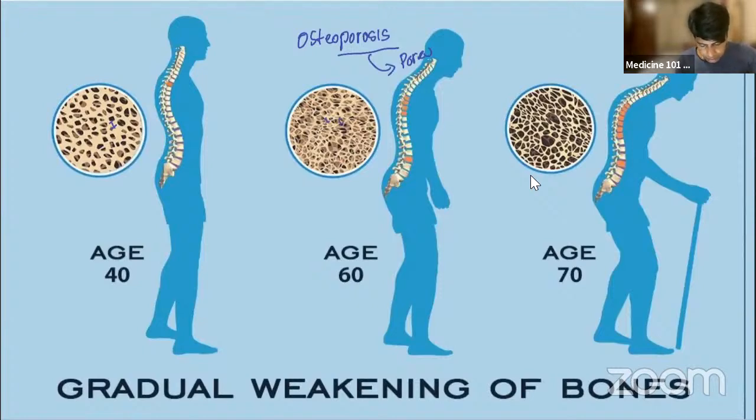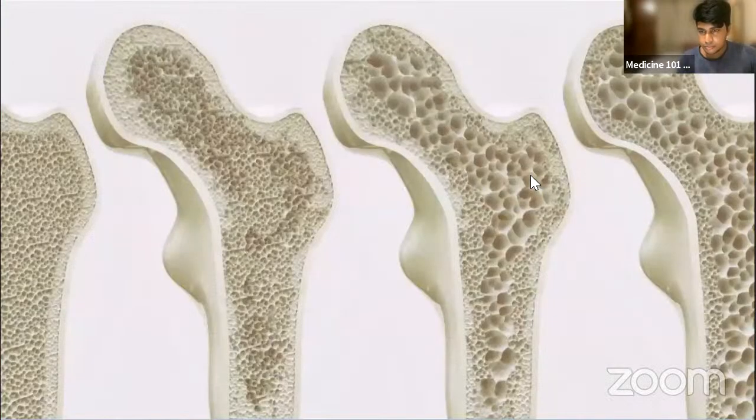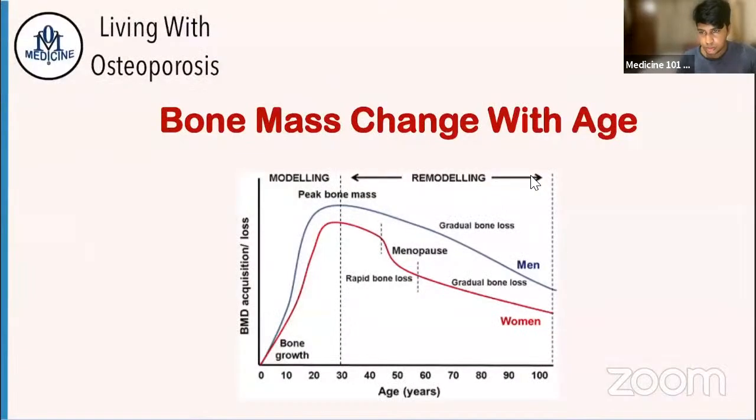By the age of 70, you can see that it has affected multiple bones, and it has become severe enough that you are using a stick to walk and you are hunched over. So you can see the change of the bone with age. This is what happens to the bones.